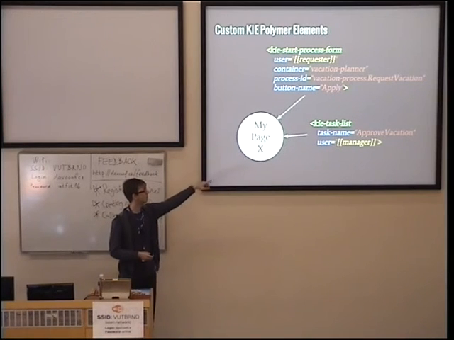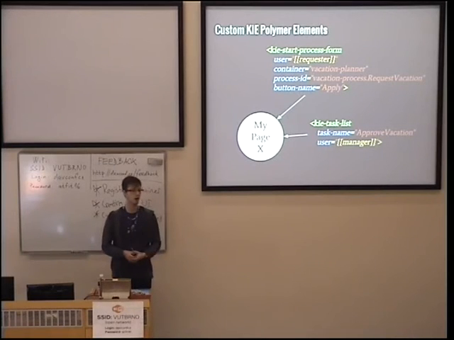In the content of the element, I select all the columns which I want to show in my table of the task list for the user. And that's all. Again, there's no JavaScript to get a list of tasks, to get a list of variables, etc. It's everything inside.